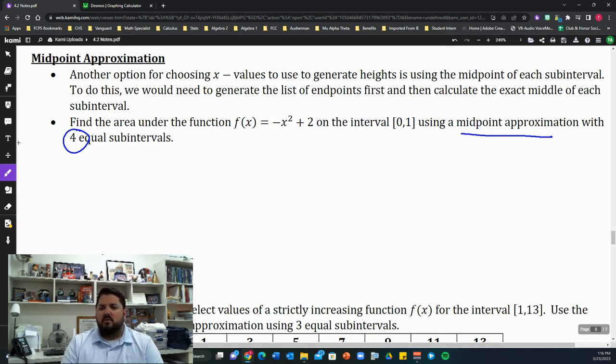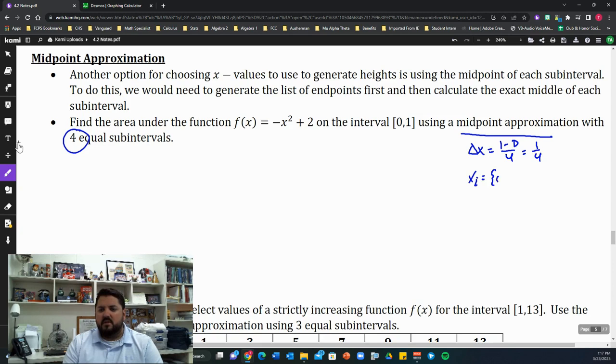So first thing we need to do, same as always, we're going to come up with our delta x. So 1 minus 0 divided by 4 gives me 1/4. You can use a decimal, but because we're going to be doing midpoints, I recommend that you keep it to fractions for the time being. So that's my delta x. Now let's build a list of all our x sub i.